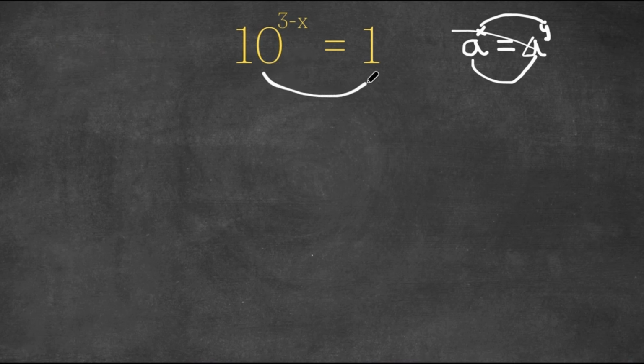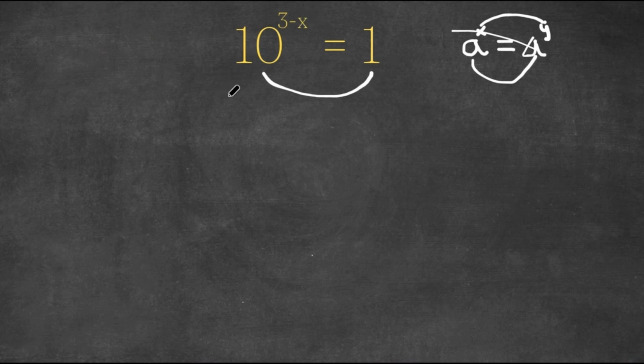So we want to make the bases of 10 and 1 equal each other. Well, that means that we have to change one of the bases. And we can't really change 10 to be equal to 1, so why don't we change 1? Well, 10 to the power of what equals 1? 0, right?